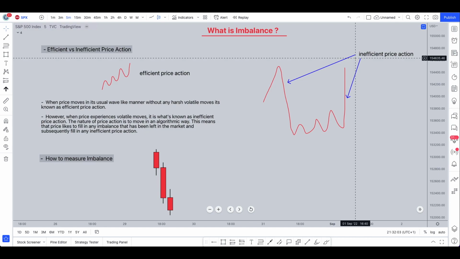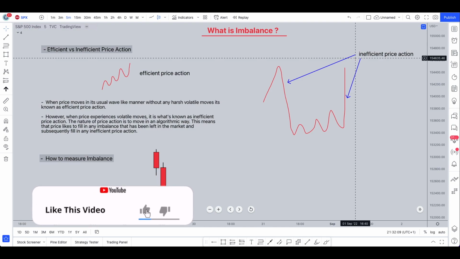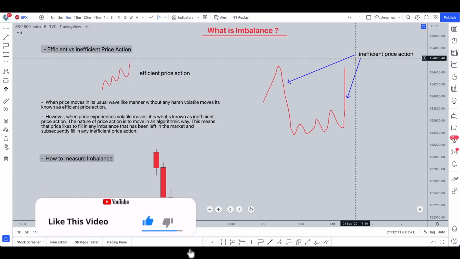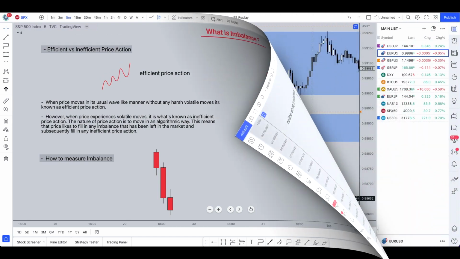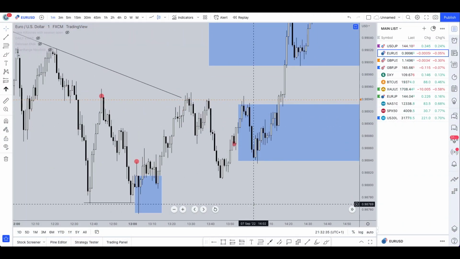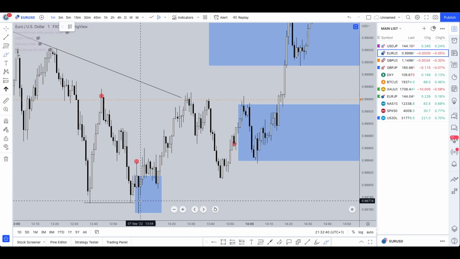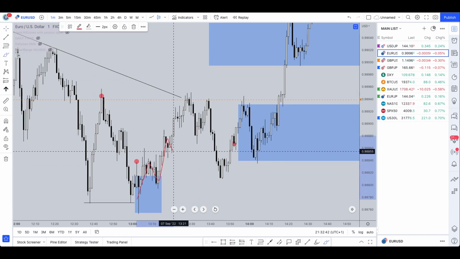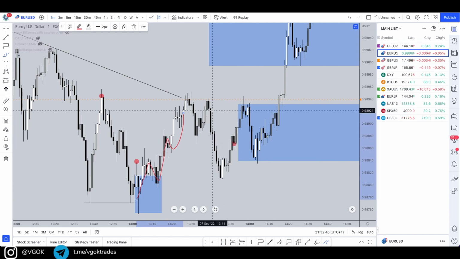The nature of price action is actually to move in an algorithmic way. What this means is price tends to revisit and fill in these areas of imbalance or inefficiency. Looking at this chart example, we have the normal movement of efficient price action, and you can start to see signs of inefficient price action here.